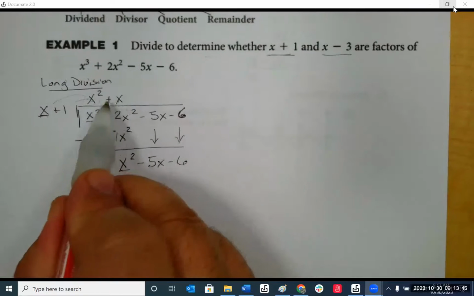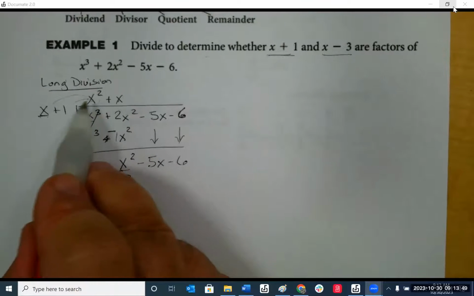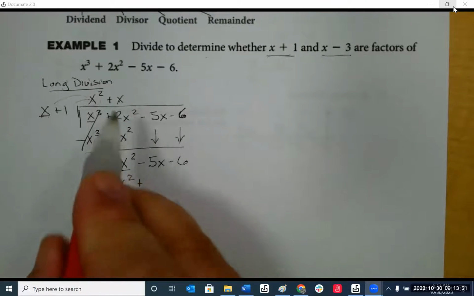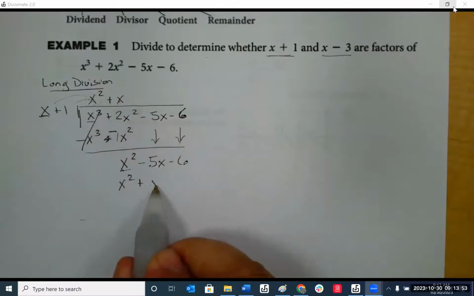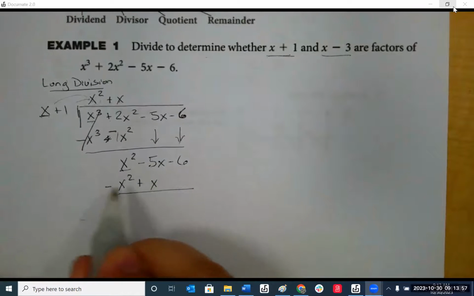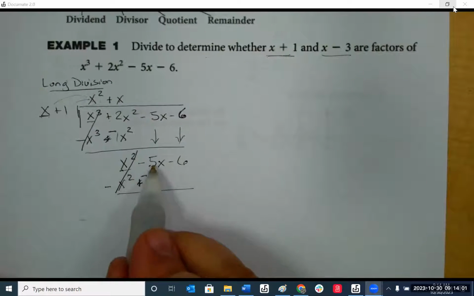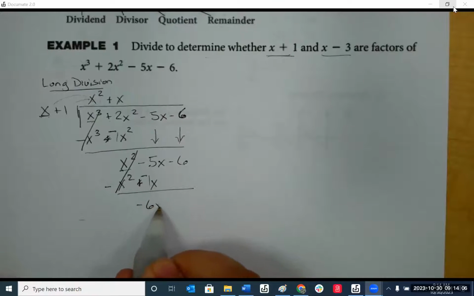So positive x times positive x is positive x squared. X times 1 is x. Change the signs and add. Negative 5x minus 1x is negative 6x. Bring down the last number.